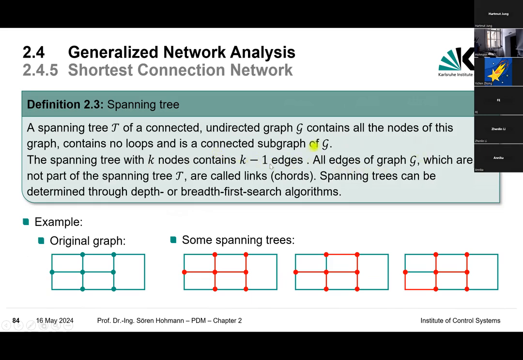All edges of the graph which are not part of the spanning tree are called links or chords. Spanning trees can be determined through depth or breadth first search algorithms. You might remember these depth or breadth first search algorithms, which are very popular in informatics.